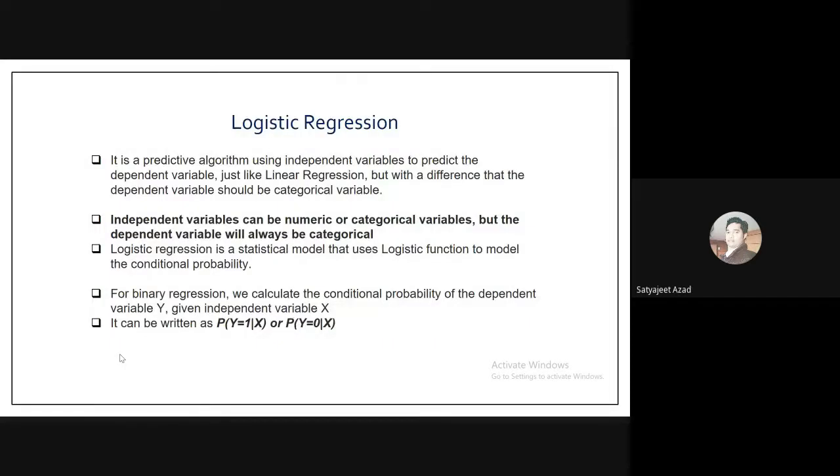Now, how are you going to define logistic regression? Logistic regression is basically a supervised learning technique, typically for classification problems. Logistic regression uses independent variables to predict the dependent variable.